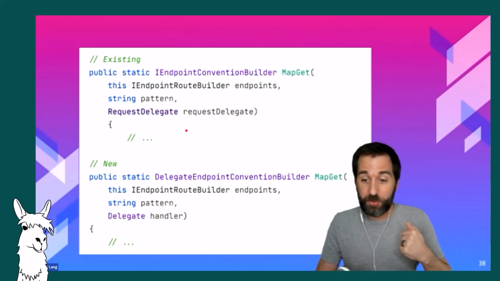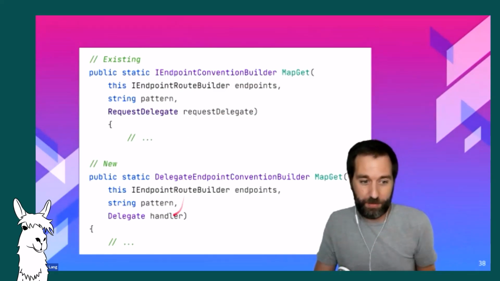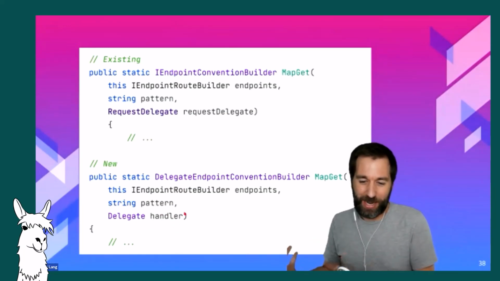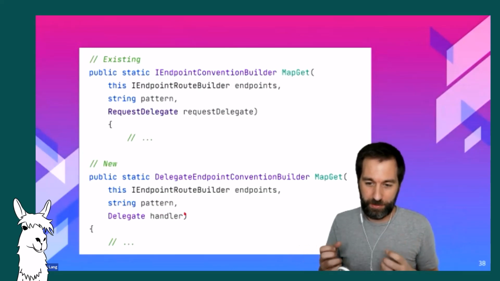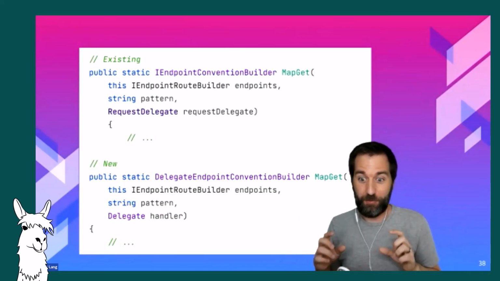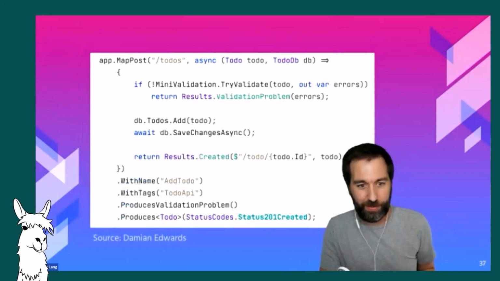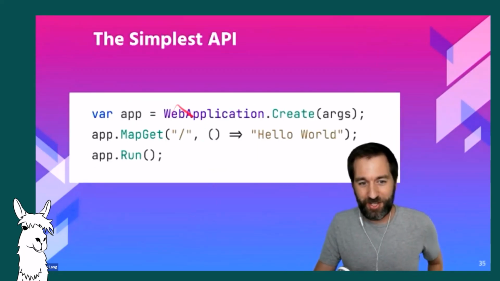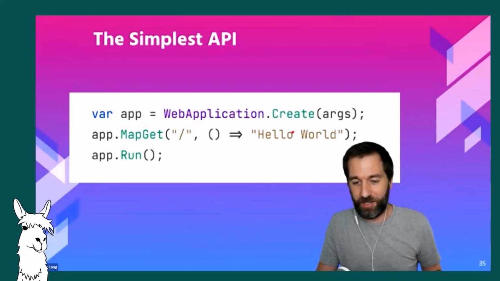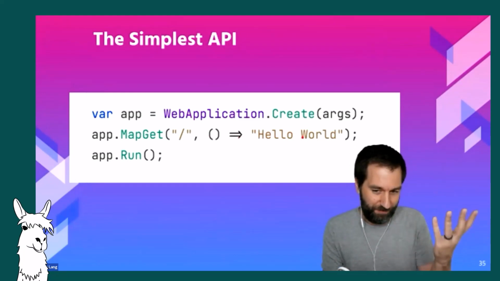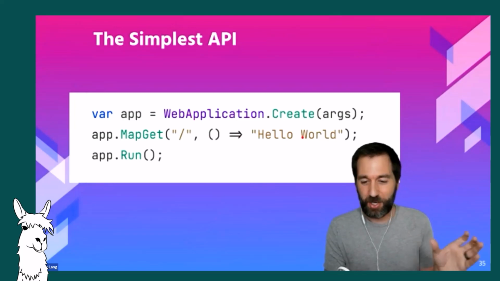But now, because we have natural inferred Lambda types, we can have any old delegate in there. And that means we can pass in any old Lambda. And at runtime, ASP.NET Core's job is to figure out how to bridge the gap between your Lambda and the thing. So if I go back, this Lambda that just returns, this is a Func of string, it's going to know, oh, that string is going to be plain text, and it's going to bridge it.